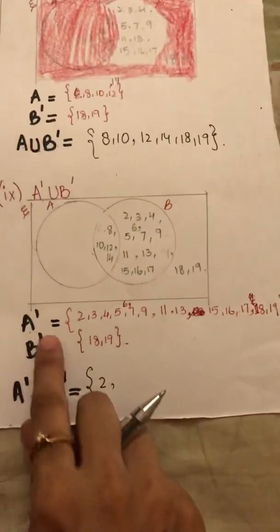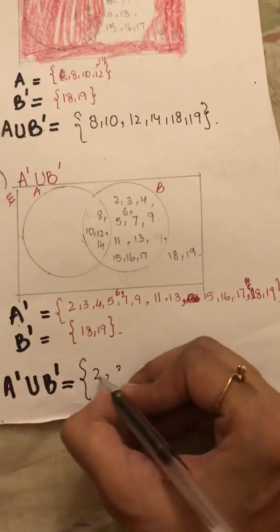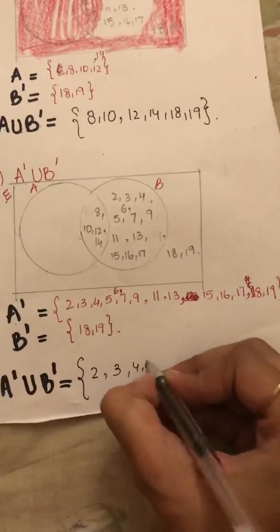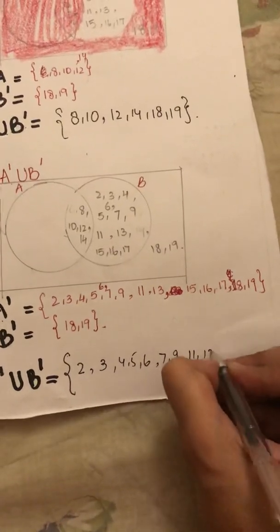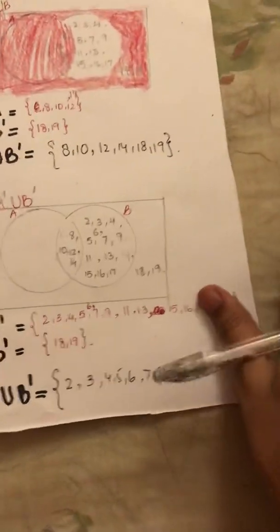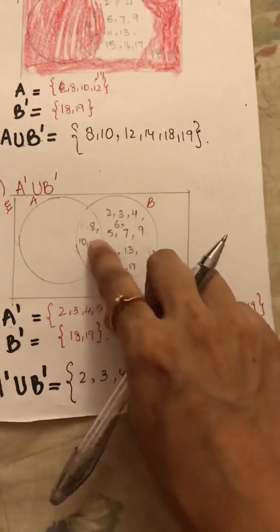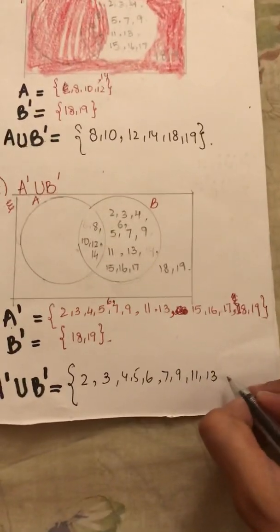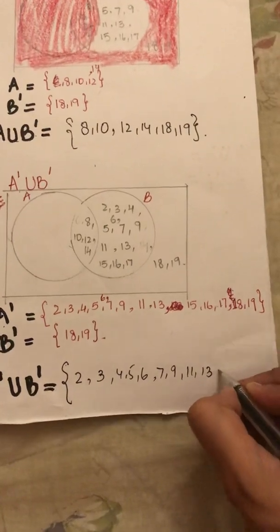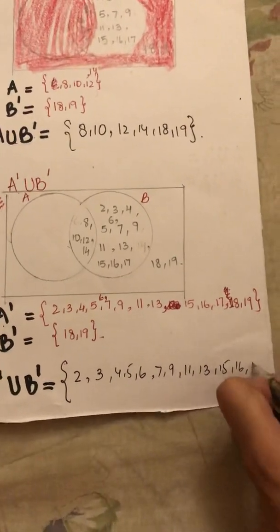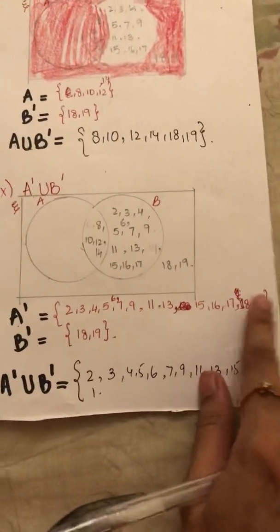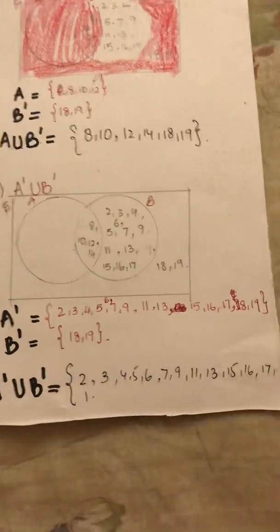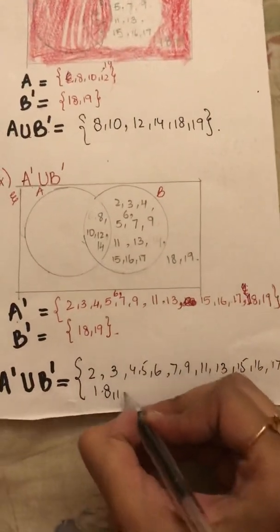What is not in A and what is not in B? 2, 3, 4, 5, 6, 7, 9, 11, 13, 15, 16, 17, and 18 and 19 are the repetitive elements, so we are just going to write them once.